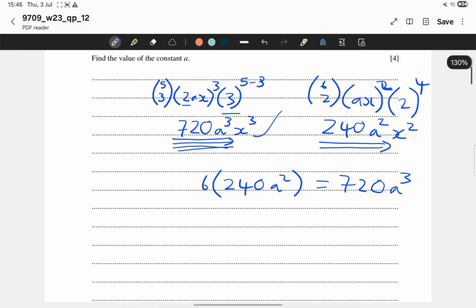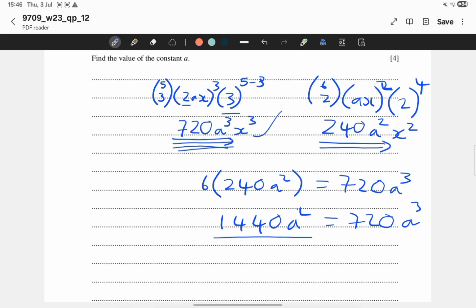Then 6 times 240 is 1440 a^2, equal to 720 a^3.